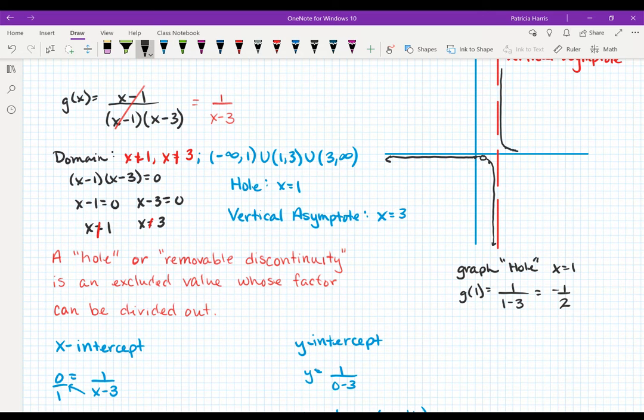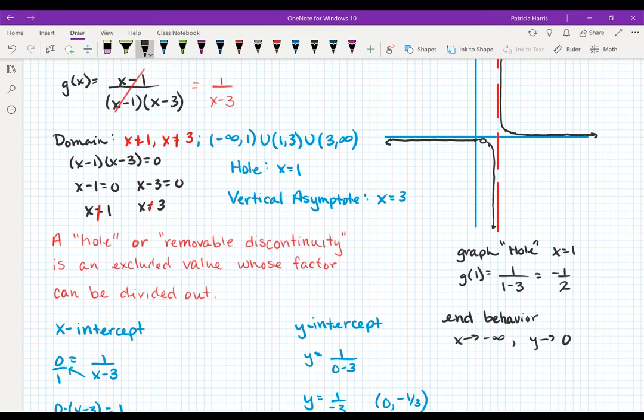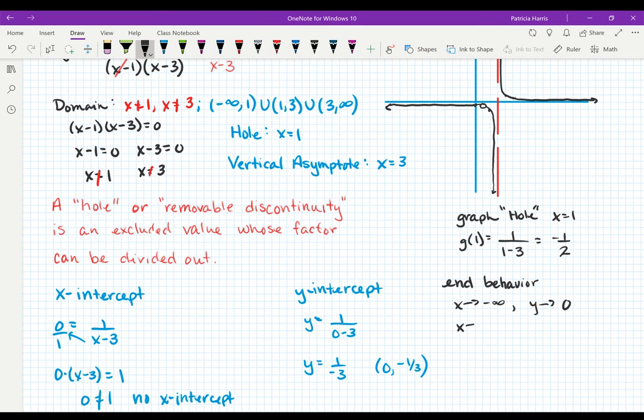And it looks like my graph again has that end behavior. Let's talk about end behavior. I have x approaches negative infinity, y approaches 0, x approaches positive infinity, y approaches 0.